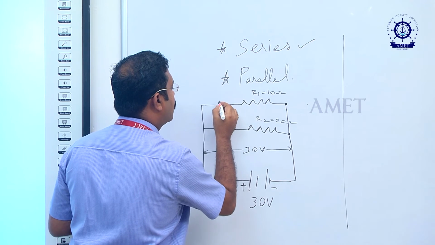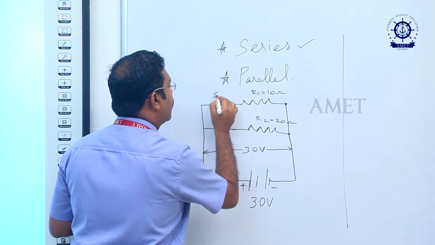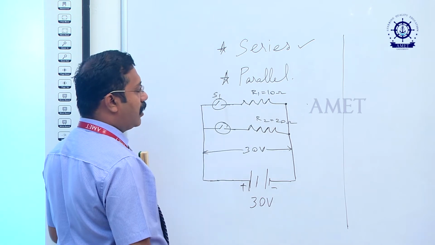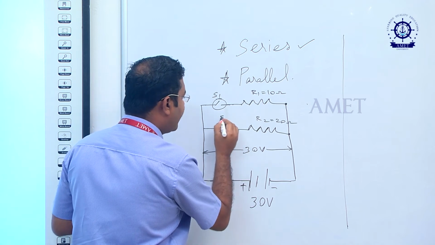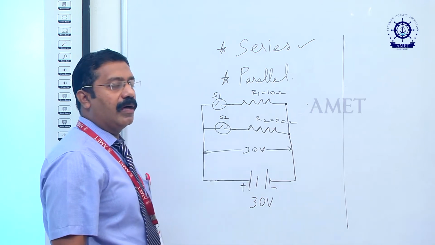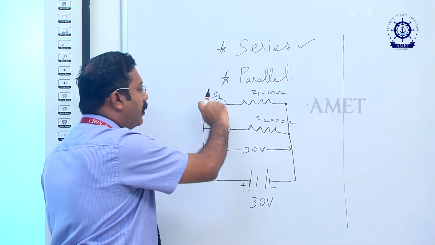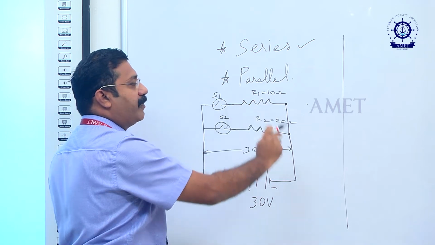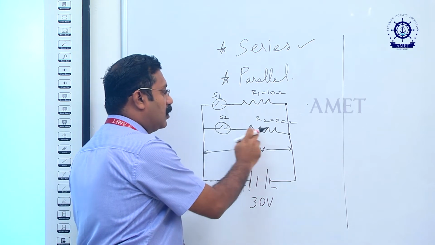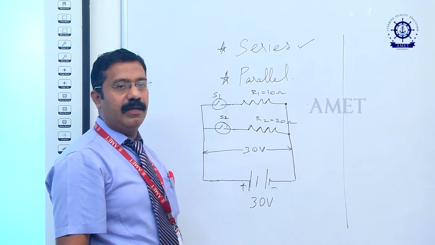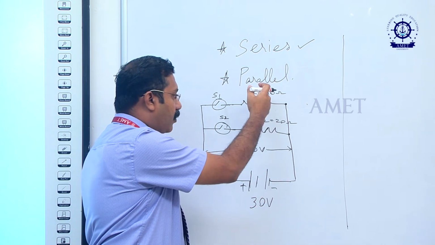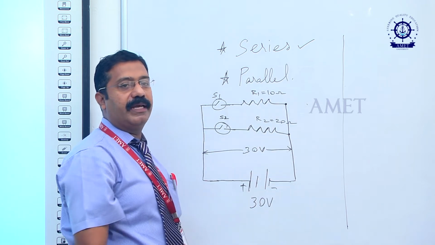I can connect switch S1 in series with the load R1, and switch S2 in series with the load R2. Therefore, if I switch on S1, load R1 will get the power. If I switch on S2, R2 will get the power. If I switch on both S1 as well as S2, then load 1 and load 2 will both get the power.